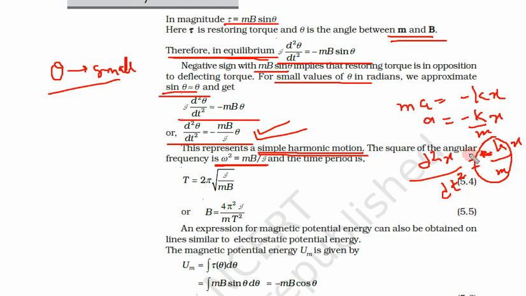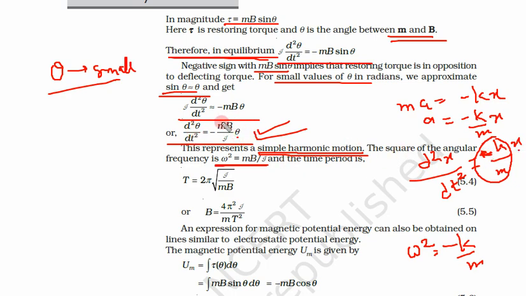This minus k by m was the frequency square. Omega square is equal to k by m, whatever you say. So similar thing, instead of x we have theta here as well.